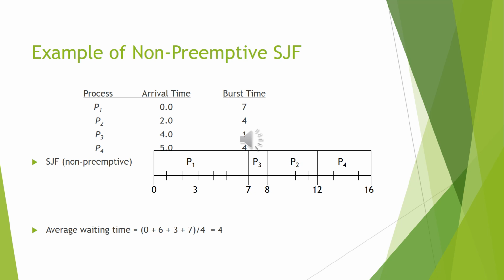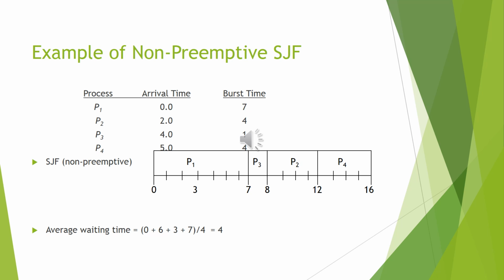Then we have process 2 and process 4, which have the same burst time. In this situation where you have the same burst time, you apply the principle of first come first serve. That is why we are executing process 2 before process 4. Also the formula to calculate the waiting time is the same, whereby the waiting time of process 1 will be 0, because there is no process it waits for.